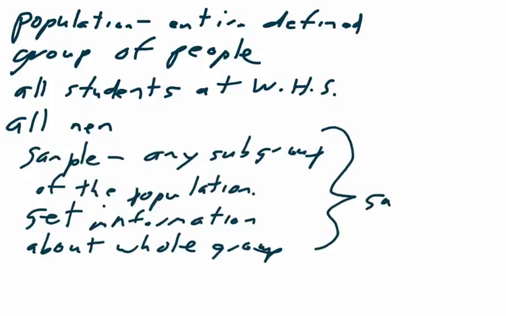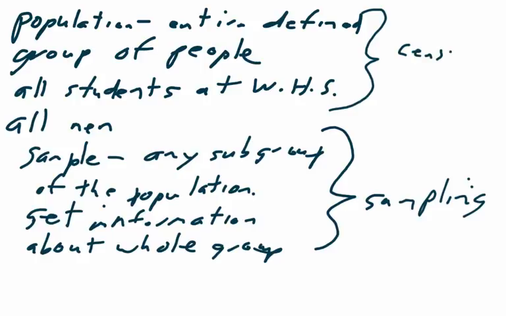Sampling is when you take a group to get the information, and when you want to get the information from the whole population, that's what we call a census. So every 10 years, the census comes around to ask everybody how many people live in your house and other questions. That's because they want to hear from everybody. Most places, when you do a survey, are just getting a sample.